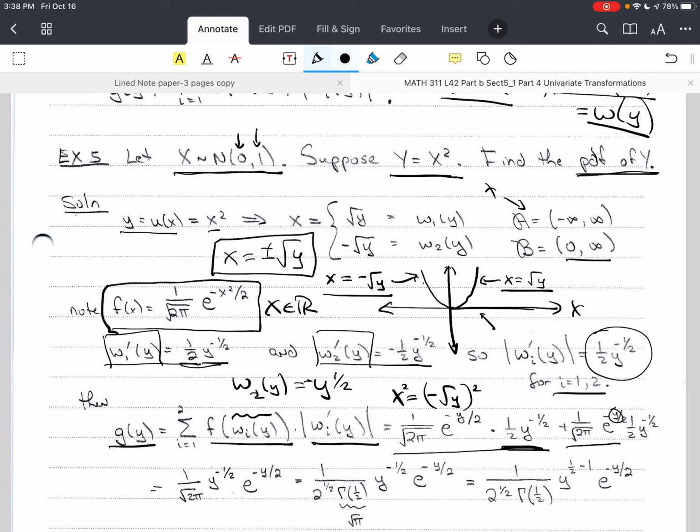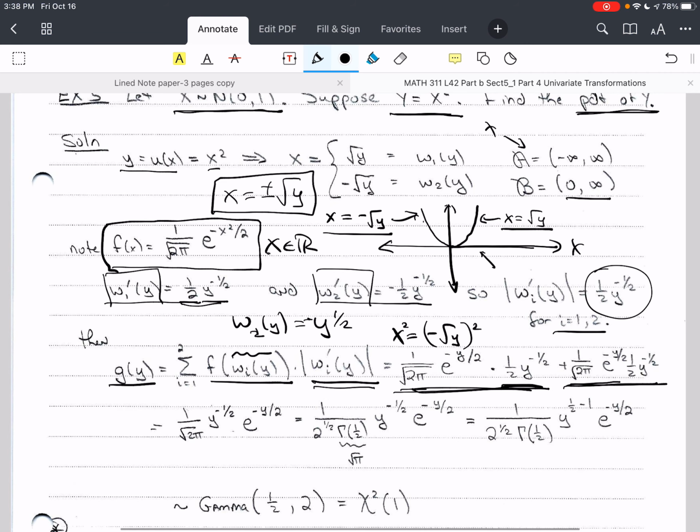And so we had the negative sign up here, but we get the exact same thing for this as we did for this. So we have these two expressions, so we end up with 2 times that, and we end up with this expression here, which is 1 over the square root of 2 pi, y to the negative 1/2, e to the negative y over 2.